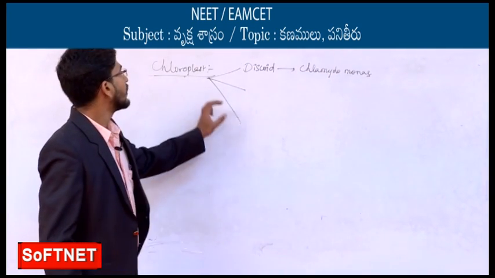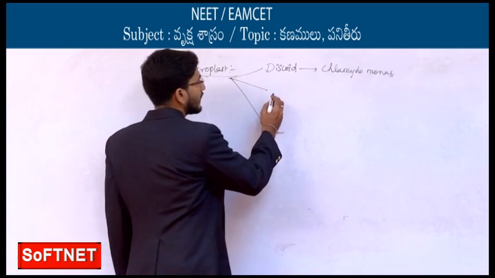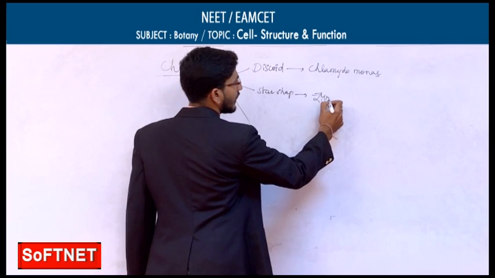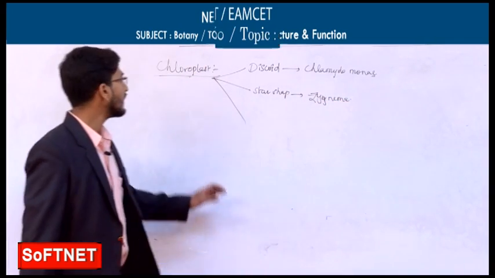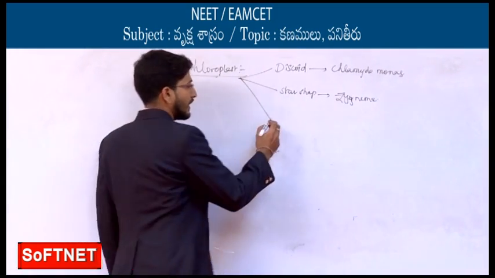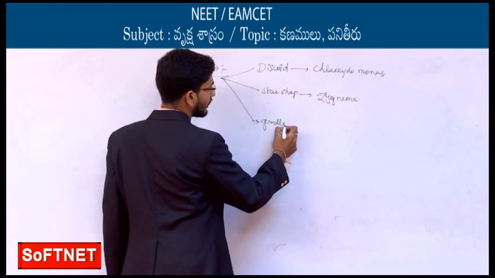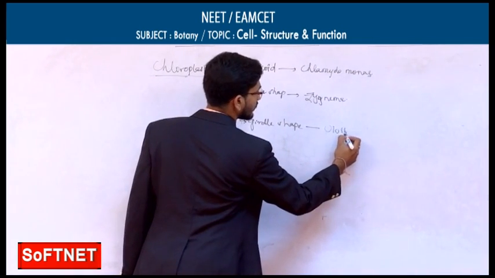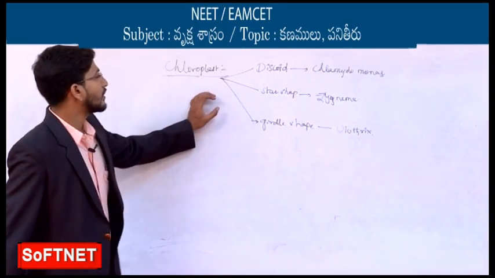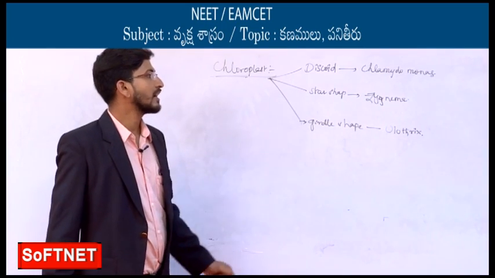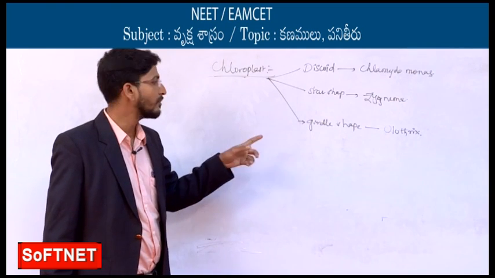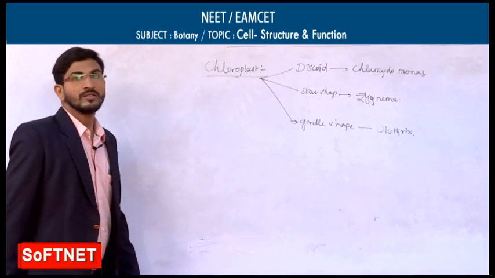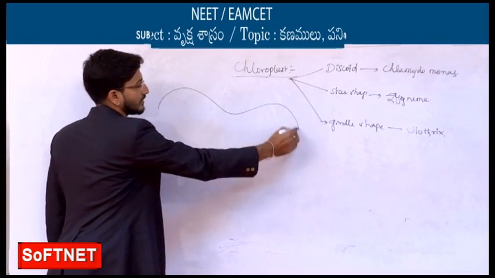Star shape is present in Zygnema, and girdle shape is present in Ulothrix. Ulothrix is an alga. So the first one is discoid shape in Chlamydomonas, the second is star shape in Zygnema, and girdle shape is present in Ulothrix.